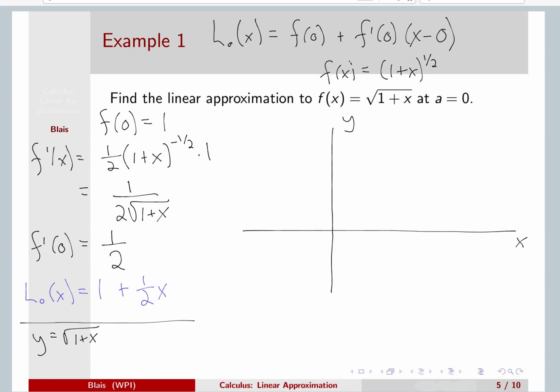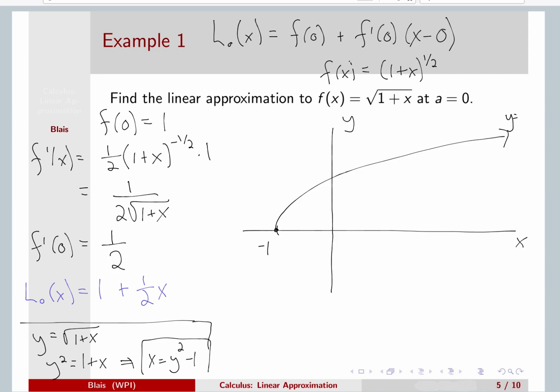If you square both sides, this is y squared equals 1 plus x, or x equals y squared minus 1. It's just the top half of the parabola that looks like this. So this is our function, y equals root 1 plus x.